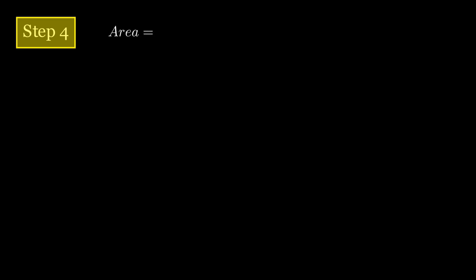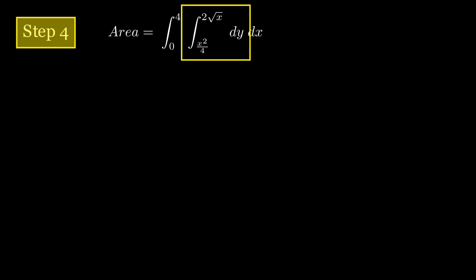The area A can be written as area equals the integral from 0 to 4 of the integral from x squared divided by 4 to 2 root of x, dy dx. The inner integral is with respect to y. When we integrate dy, we get y.